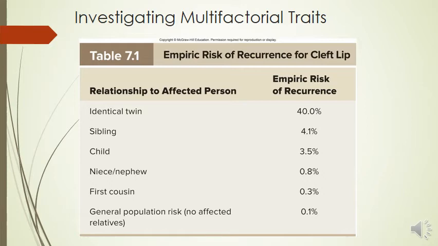This table summarizes empiric risks for relatives of individuals with cleft lip. Here we have identical twins, 40%, a sibling, 4.1%. And if we go down to the general population with no affected relatives, we give it 0.1%.